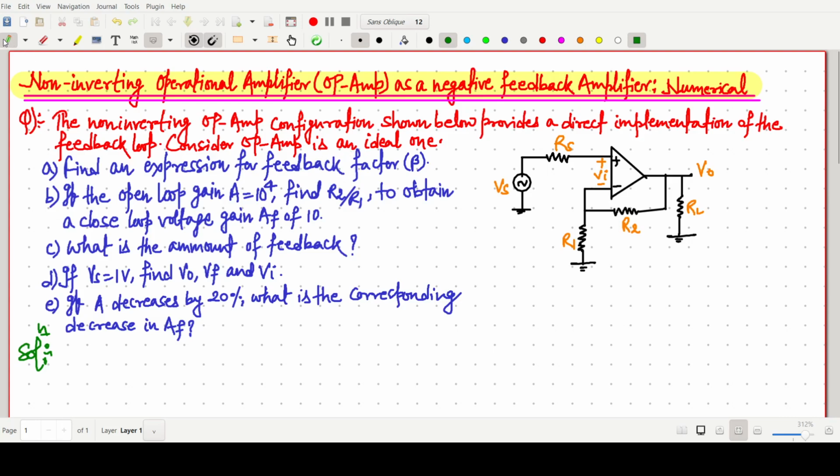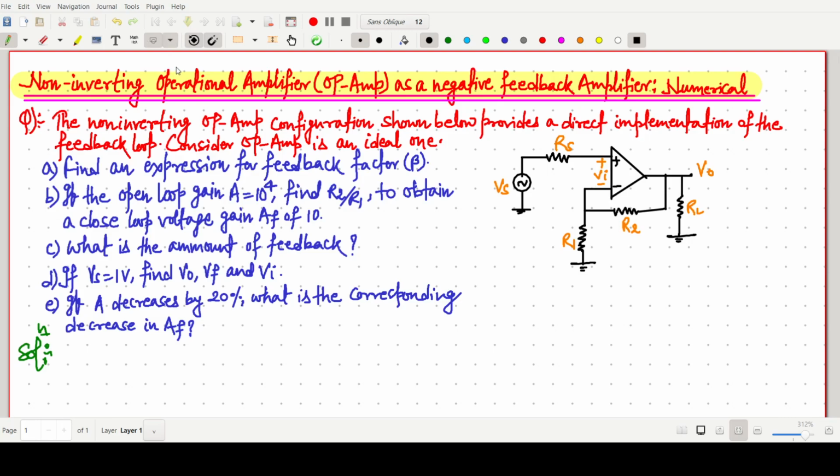Before we solve this problem, first I am making the equivalent diagram of this op-amp based circuitry, which clearly indicates how it is a negative feedback.